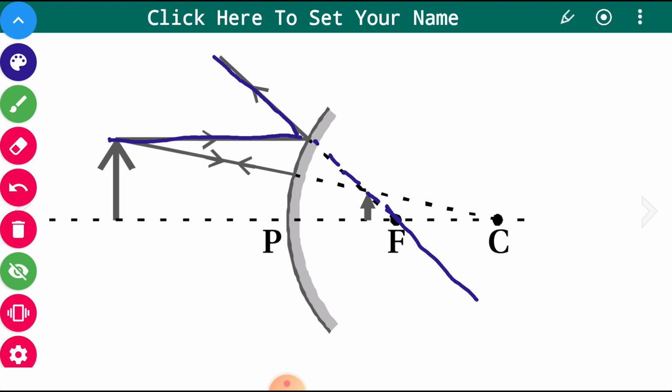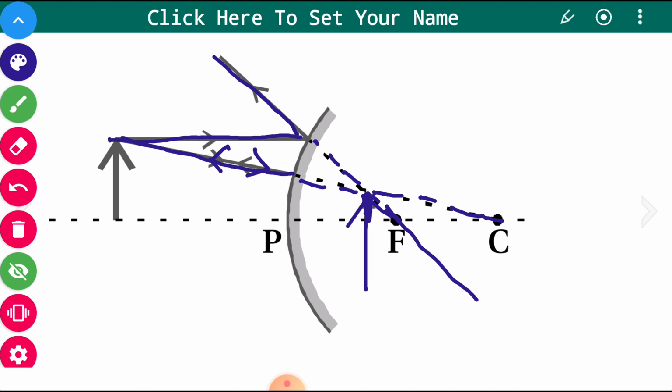The ray directed towards the center of curvature will, after reflection, pass on the same path, but if you extend it in the backward direction, they will intersect somewhere here, and you get the image at this particular point.